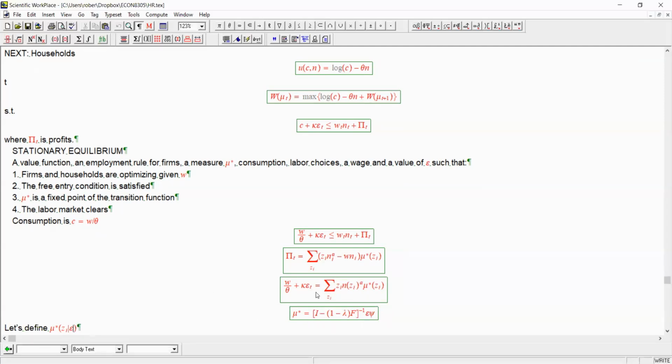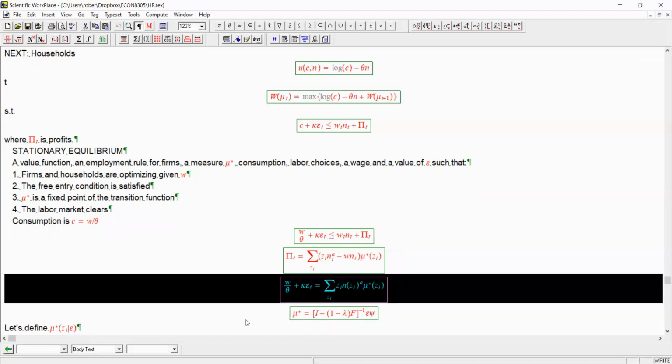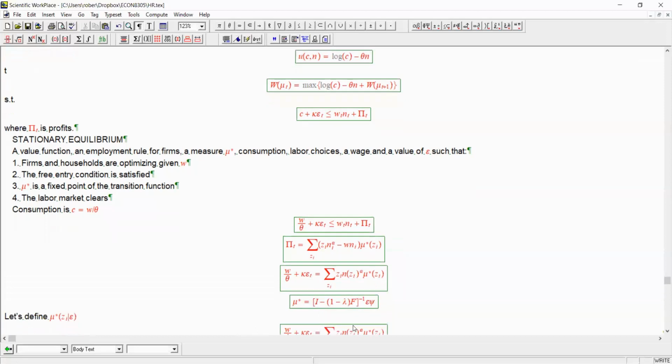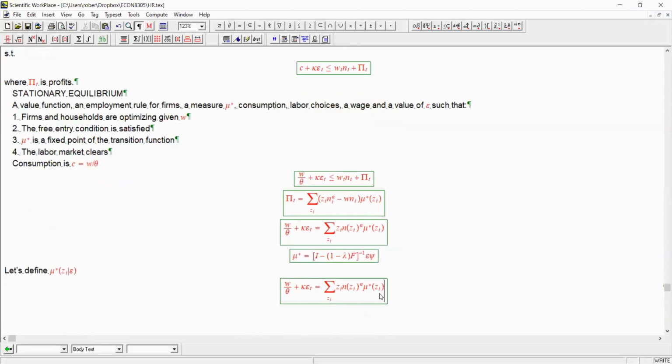And now let's examine again this budget constraint. And notice that we have, in a steady state, this expression. Let's now replace this with this function.